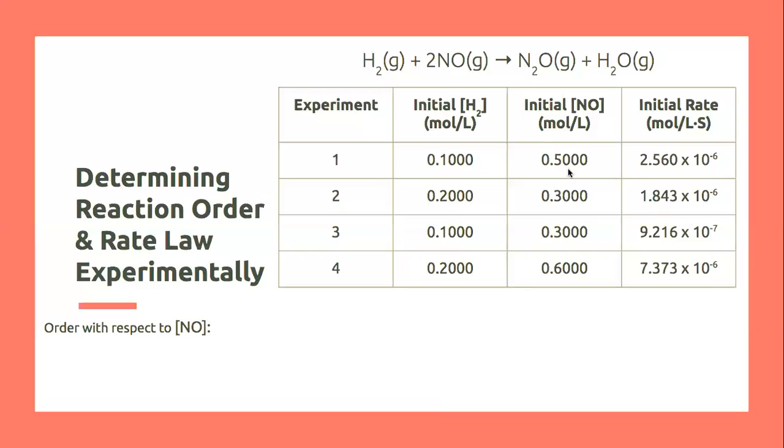So let's see here. Nope, that one doesn't work out very well. That one doesn't work out if we compare it to 1, but what if we use 2 and 4? Because I've got differing concentrations of NO, but the same concentration of H2.